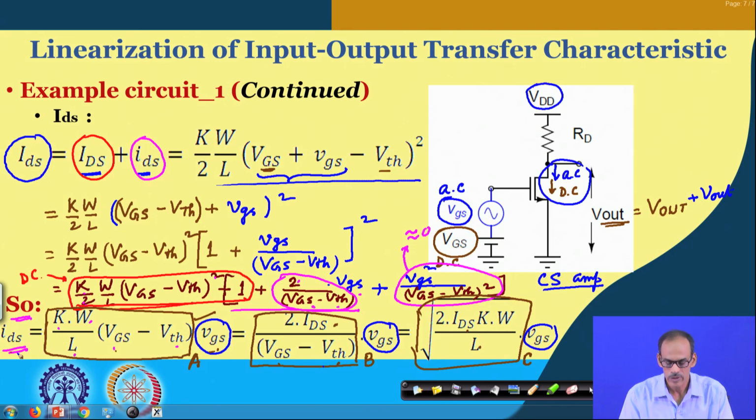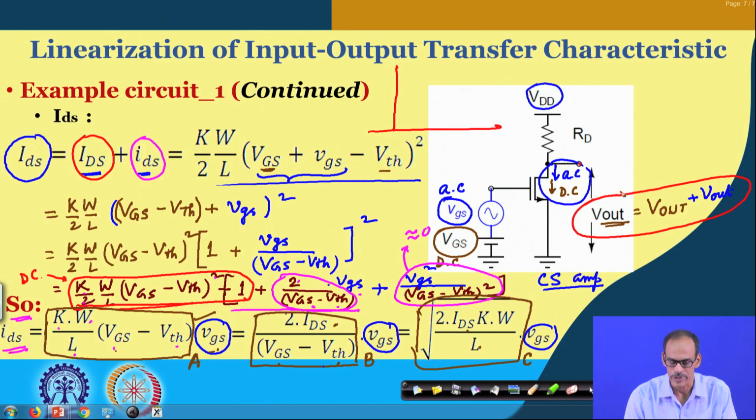So, now if you recall the nonlinear input output transfer characteristic, okay, I will be coming to this nonlinear transfer characteristic. So, let me go to the Vout part. Now we obtain the current part, and now we would like to go to the final output voltage.